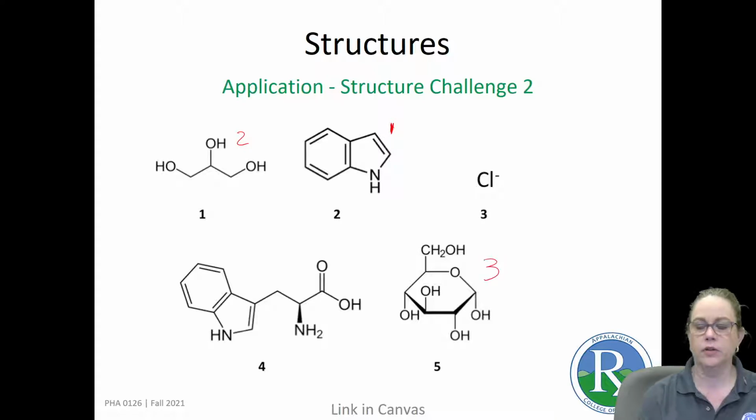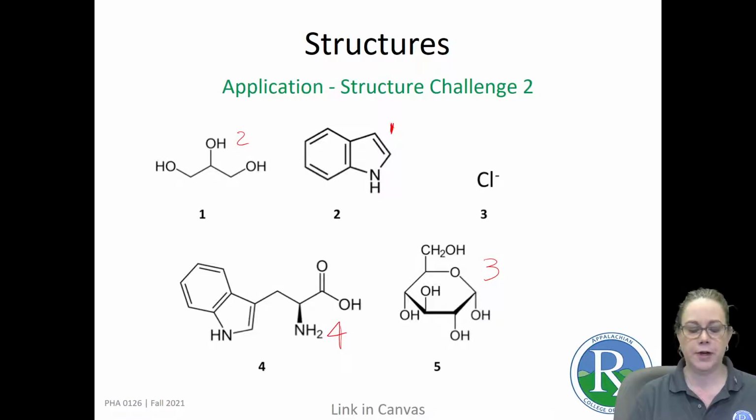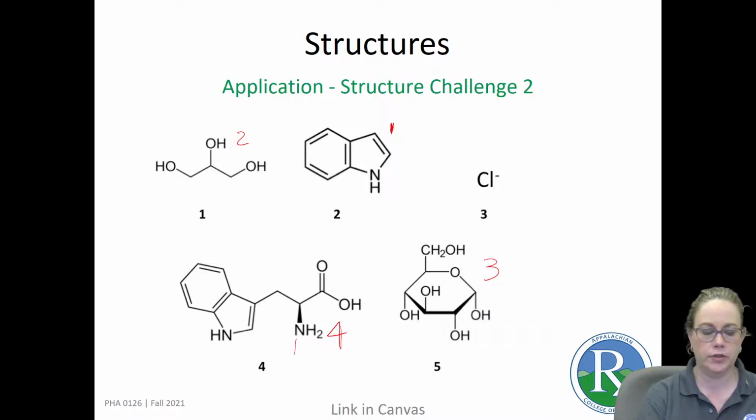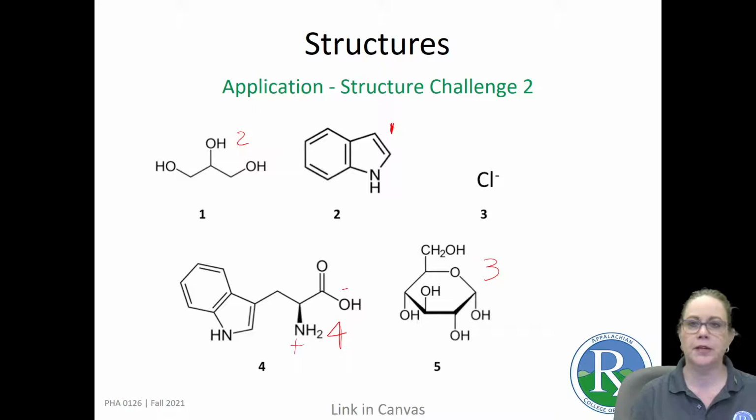Then glucose, same thing, we now have more hydroxyl groups compared to glycerol, so it's going to have a harder time. That's followed by our tryptophan amino acid. Again, remember these groups are going to be ionized at physiological pH. Then our lowest permeability would be the charged ion. All right, hopefully that was helpful, and that wraps this video up.